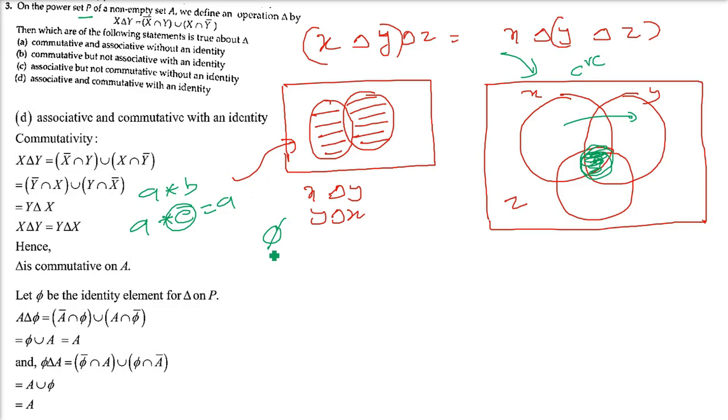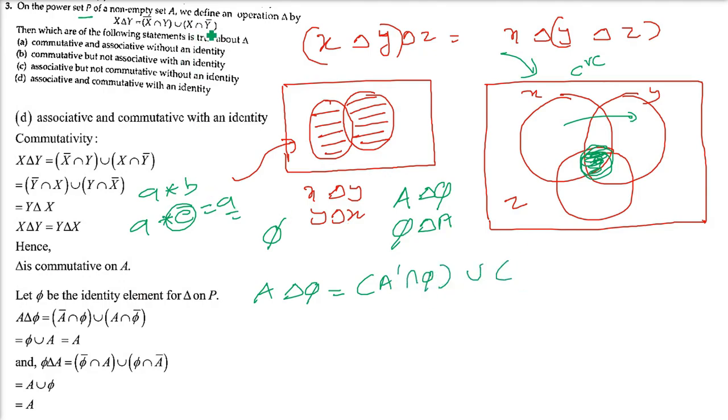If at all we take this set A, or you can say an element of A, and we operate it with this phi, or phi we operated with A, and if we get A back, then that phi will be a null set or null value or an identity value. So let us just prove that phi is a null value or not.